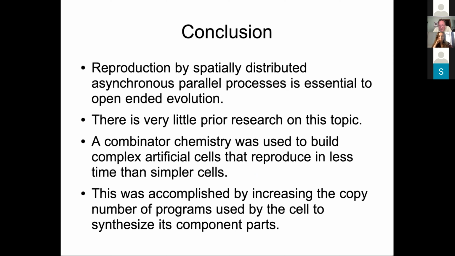The experimental work on the artificial cells is done by me. I don't completely understand the question. There are no other persons using this combinator chemistry, although I'd love for people to use it. I'm going to release it as a software library. That's my plan to do this year.